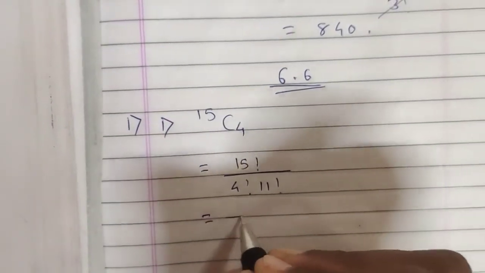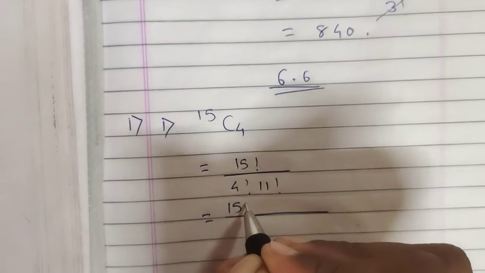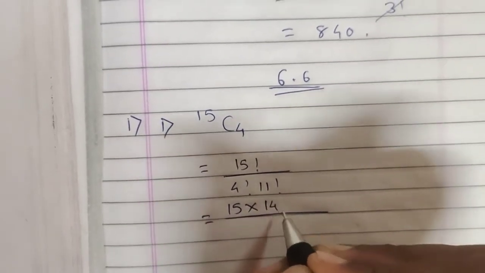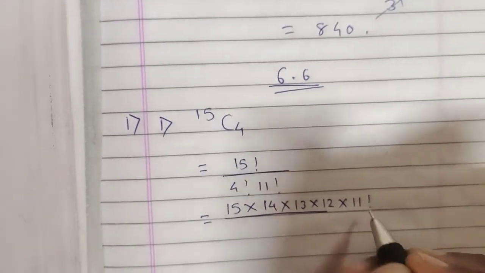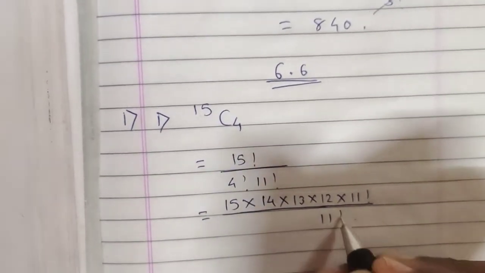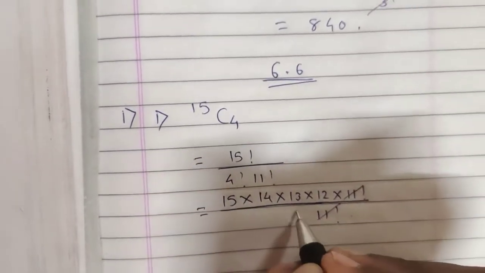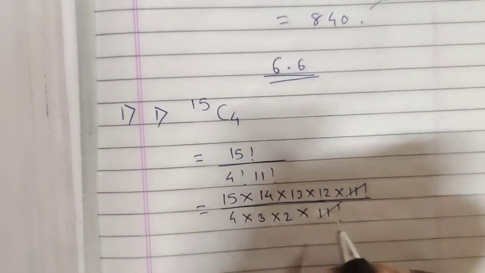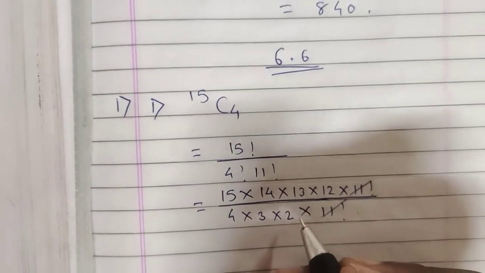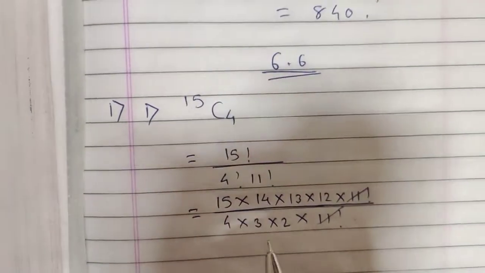Now let us simplify this. We will write 15 till 11, that is 15, 14, 13, 12, and then stop at 11, so that 11 gets cancelled. Now 4 factorial can be written as 4, 3, 2. One has no meaning, so no need to write 1.